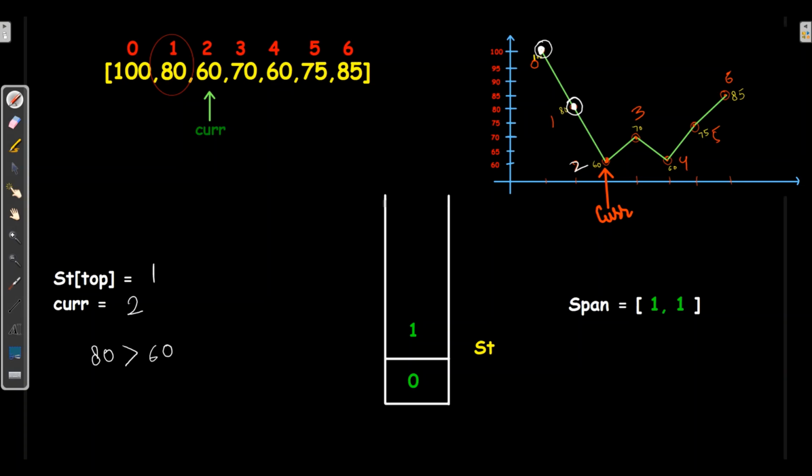If 80 is greater than 60, I need to push into stack. If it is not greater than 60, the value will be popped out from the stack. So here I will push the index of current price, and the span will be 2 minus 1, 1.